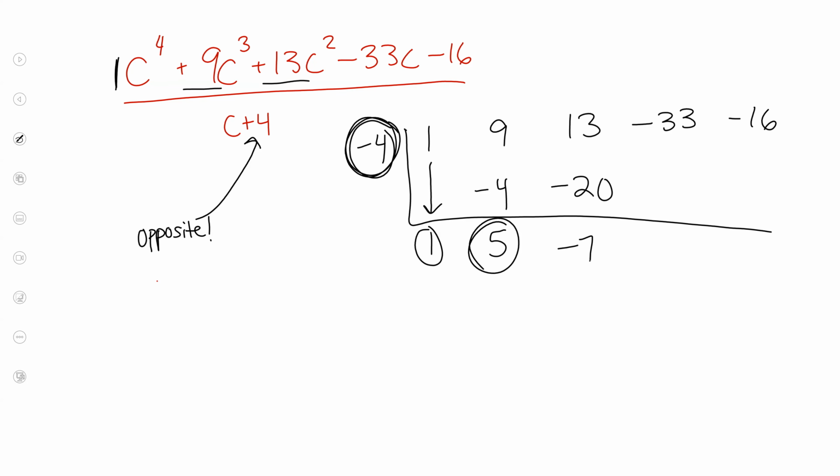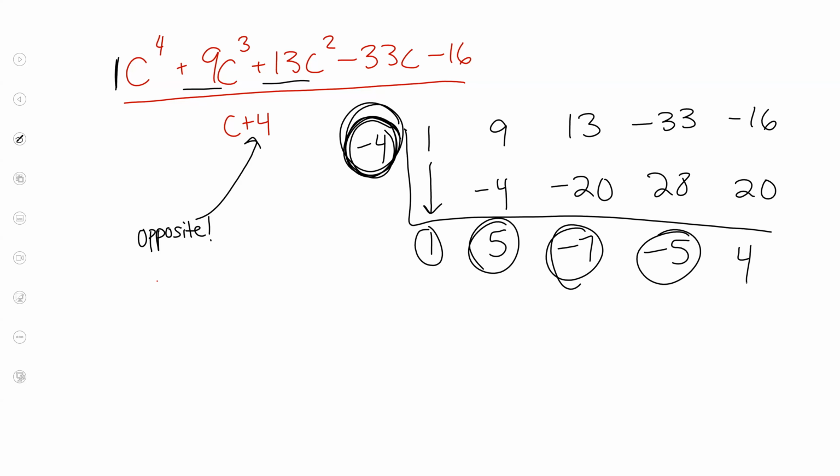Then we multiply and add again. Negative 4 times negative 7 is 28. We add these numbers together. Negative 33 plus 28 is negative 5. Multiply and add again. So negative 4 times negative 5 is 20. And then we add these two numbers. Negative 16 plus 20 is 4.